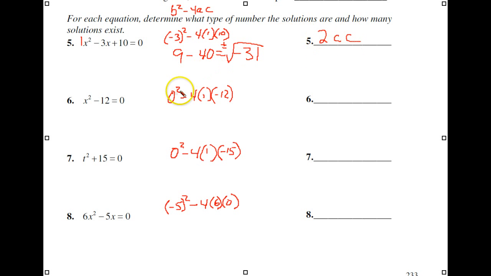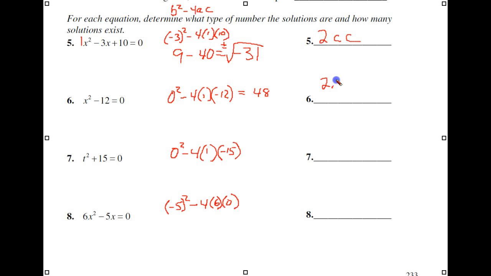Little shorthand. Now here, our discriminant, there is no b, so it's b squared, which is 0 squared, which is 0. And this is going to be a -4 times 12, which will be a 48. So you're going to get two real solutions, and they're going to be irrational since that's not a perfect square.